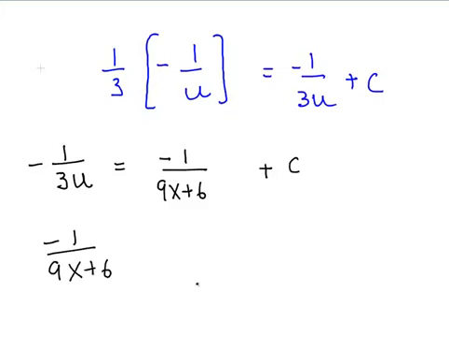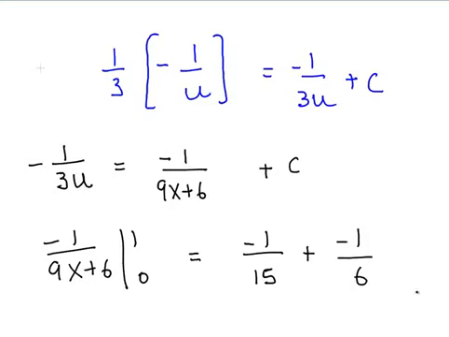So let's evaluate it for our definite integral. Our limits: the top limit was 1, the bottom one was 0. So we have minus 1 over 9x plus 6 when x equals 1, that's 15, minus minus 1 over 9x plus 6 when x is equal to 0, that's just 6. The minuses cancel out, so it's minus 1/15 plus 1/6.